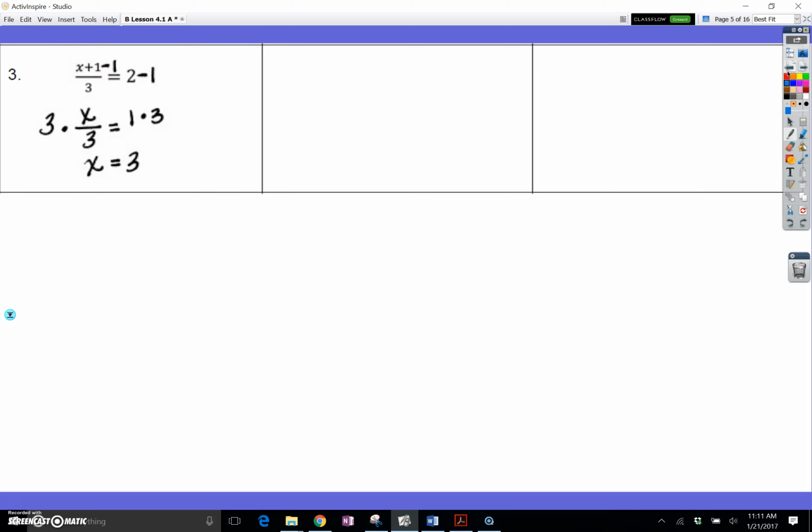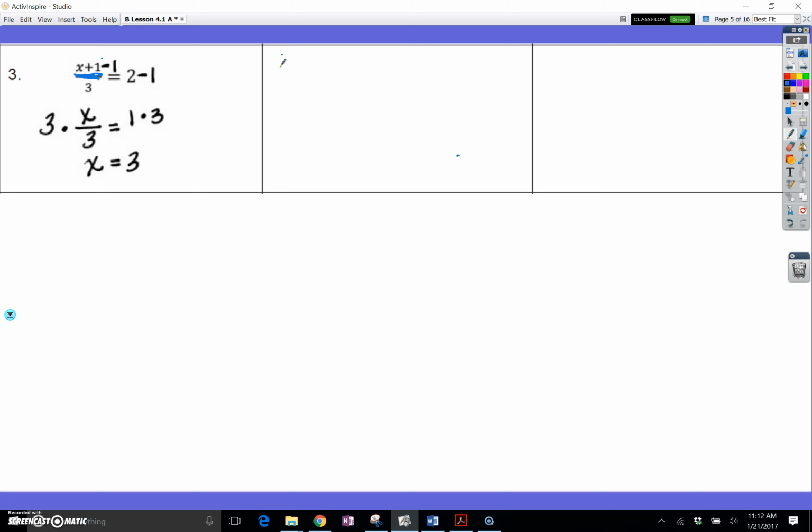Alright, next one. This one's a little tricky because it's a number over a fraction, and she started off subtracting this 1 on both sides. The problem with that is if we look at this division problem, x plus 1 is being divided by 3. So she should have started by multiplying both sides by 3. She should have got rid of that division first.